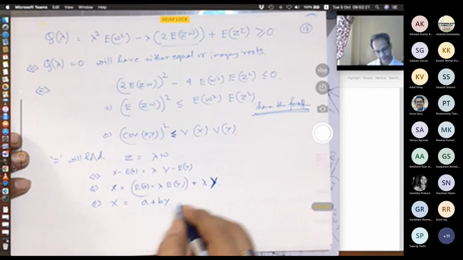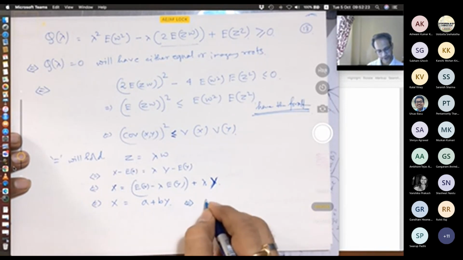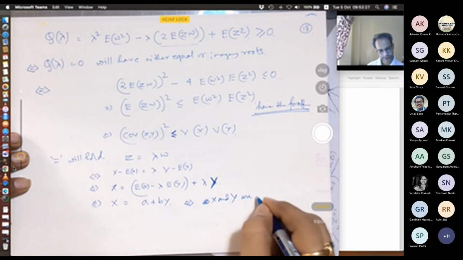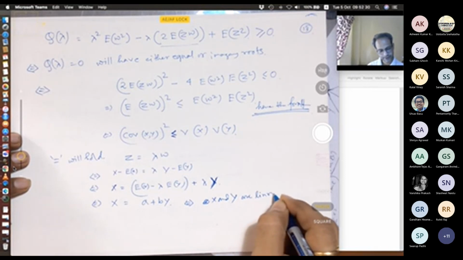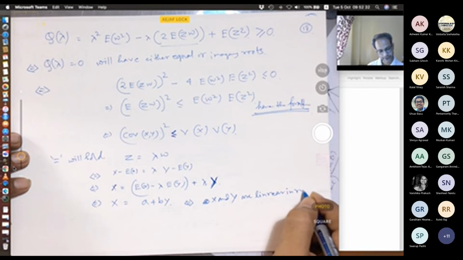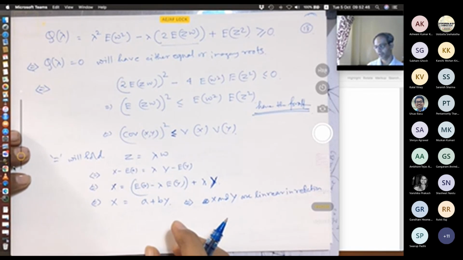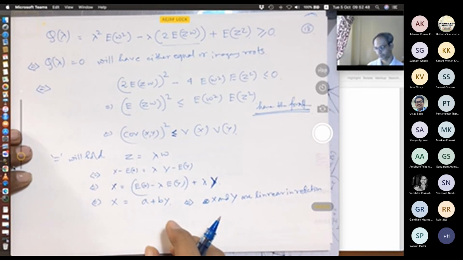That means X and Y are exactly linear in relation. So if you have X and Y exactly linear in relation, then you will have correlation either +1 or -1.